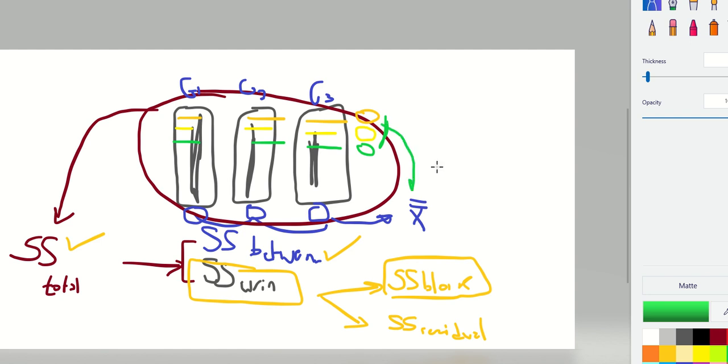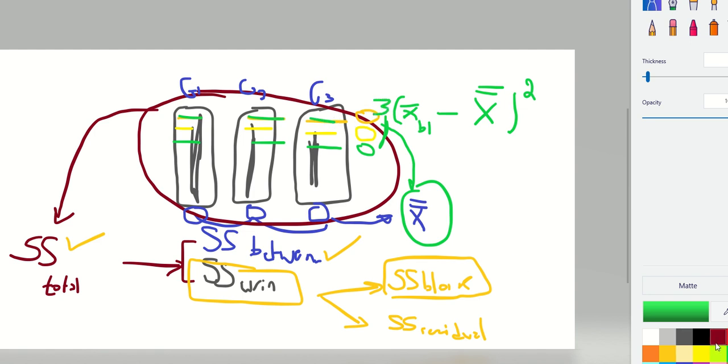So let's say this is the average of person 1, so average of block 1. You're going to take it minus the average of the averages. You square it because it's a sum of square, and you're going to multiply it by the number of times this person was observed. So 1 time, 2 times, 3 times.